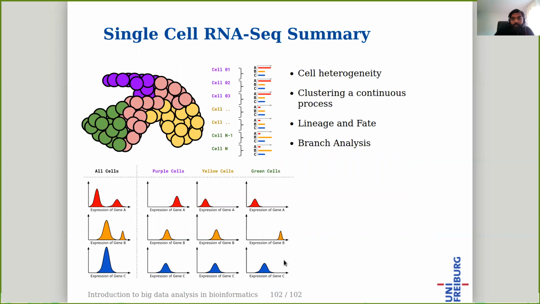Yeah. So let's summarize what we have seen so far in this lecture. We've seen that a single tissue can have heterogeneous cell populations, right? These constitute the purple cells here, or green cells here, or yellow cells here, which have unique expression profiles.